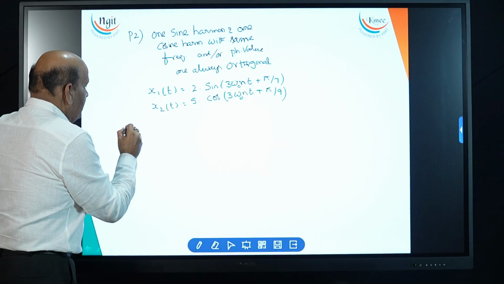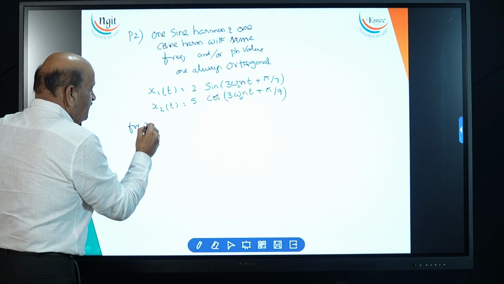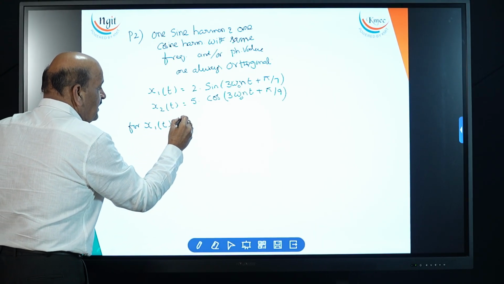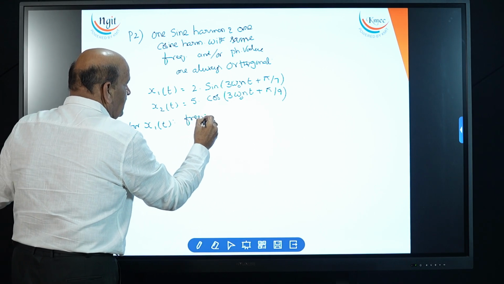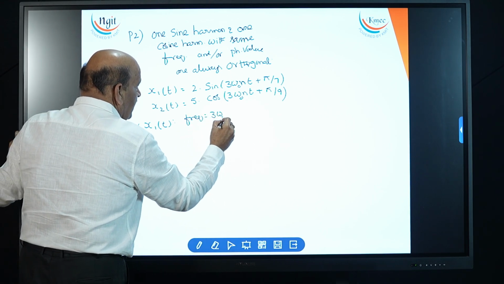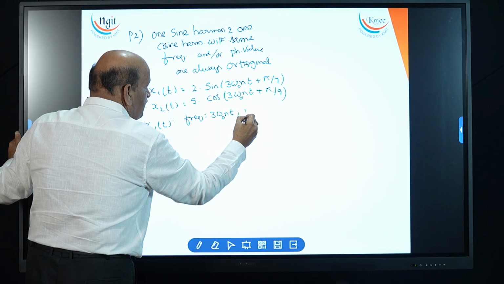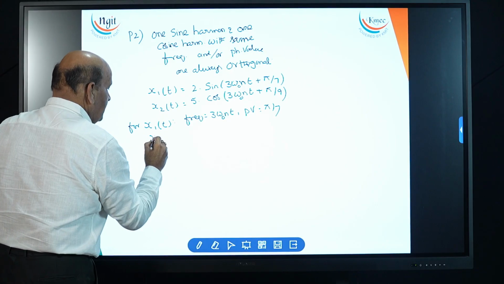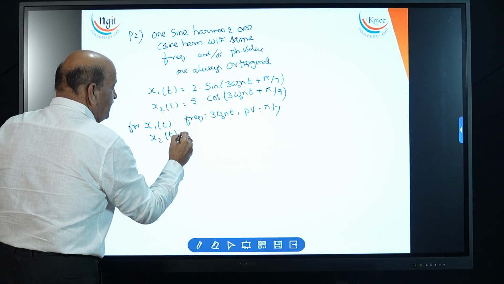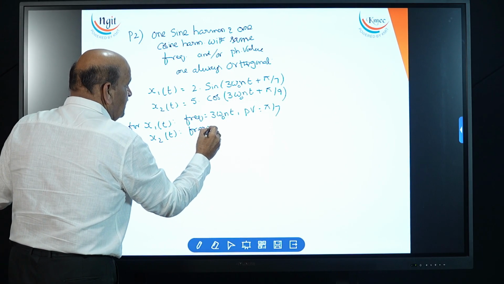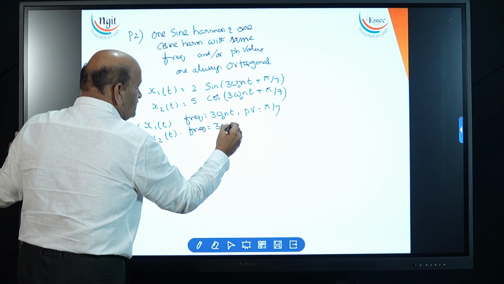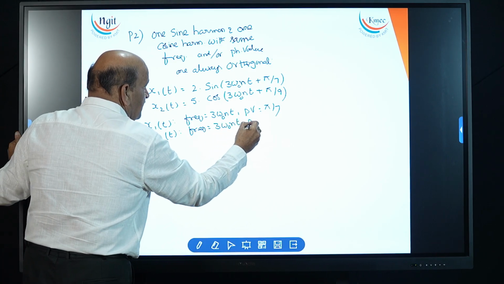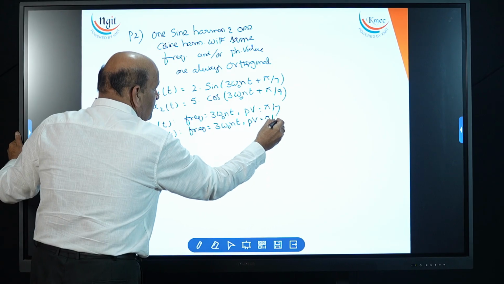So here for the x1 of t signal, frequency is 3 omega naught, phase value equal to pi by 7. For the second signal x2 of t, the frequency is 3 omega naught, but the phase value is pi by 9.